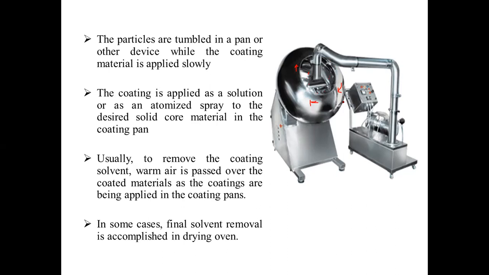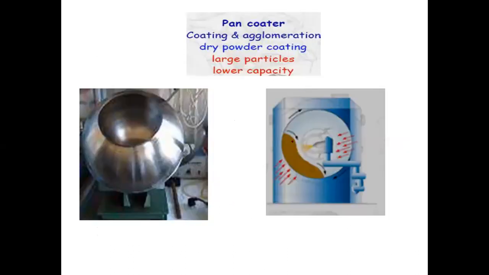To remove the coating solvents, warm air is passed through this particular duct, and at the end drying is carried out. After the excess solvent removal, drying is carried out in an oven. So this is the simplest process that we adopt for microencapsulation purposes.